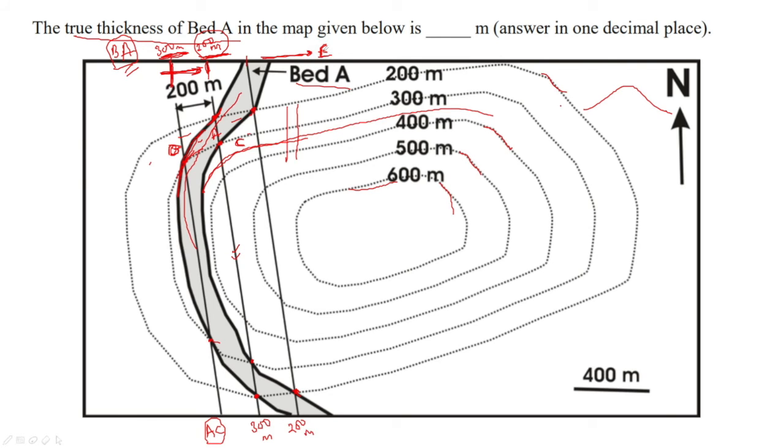And if you want to calculate the dip amount, we have to know the vertical distance between these two stratum contours and the horizontal distance between these two stratum contours. So for that, let's see this figure.